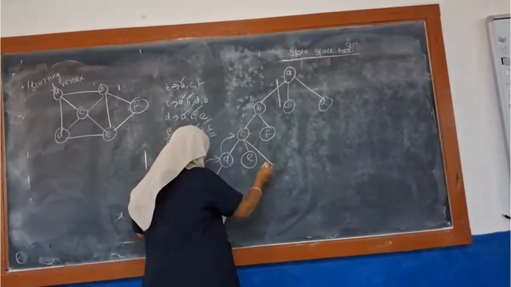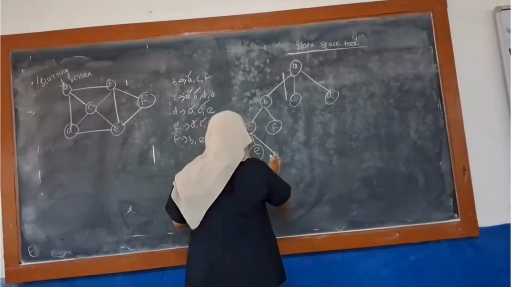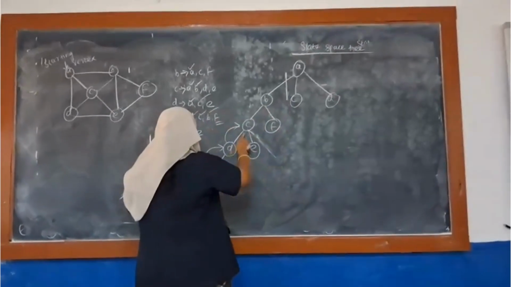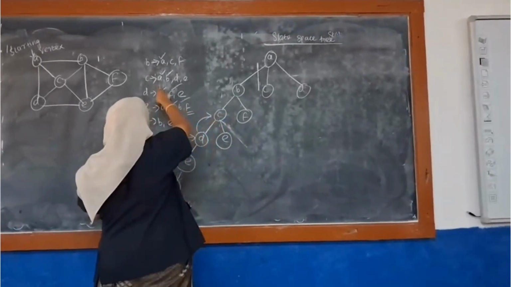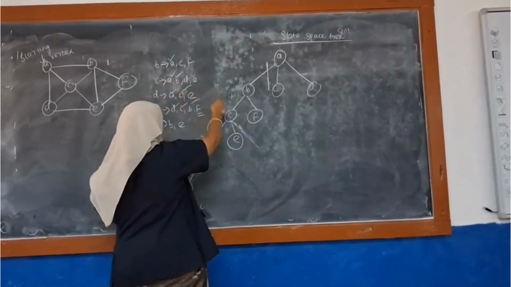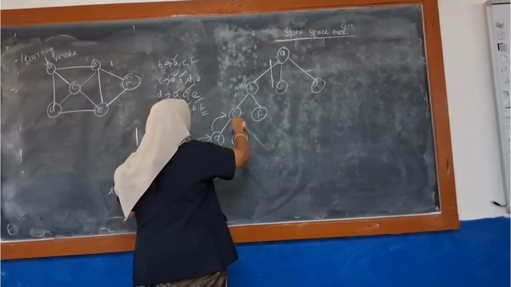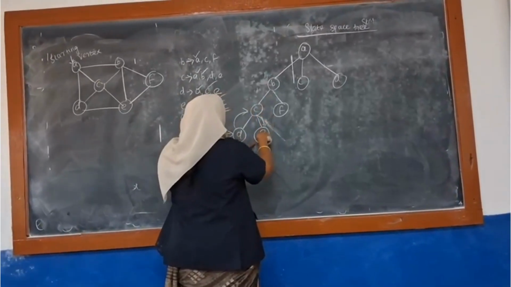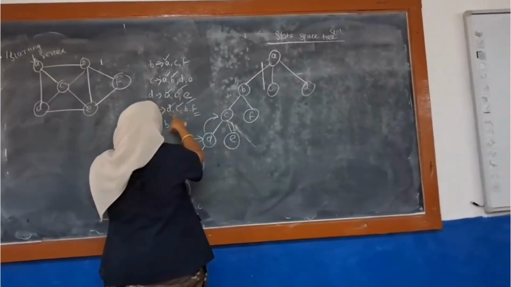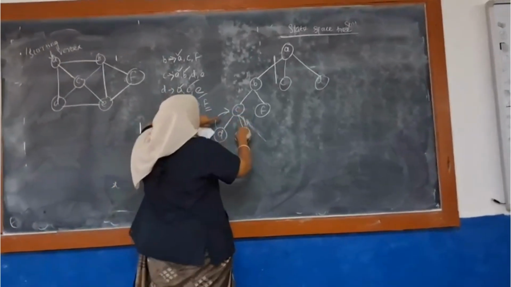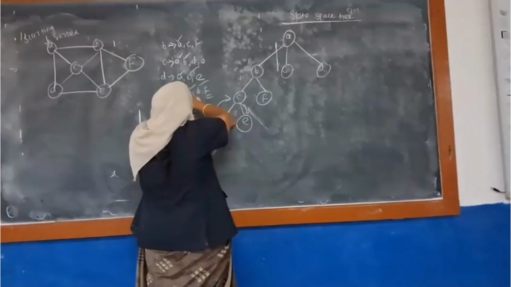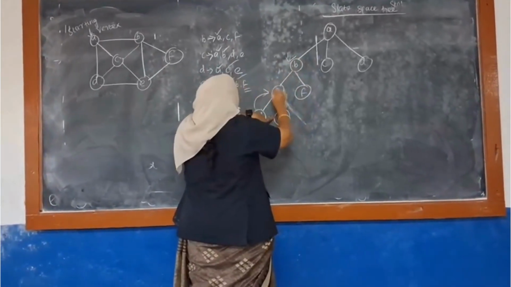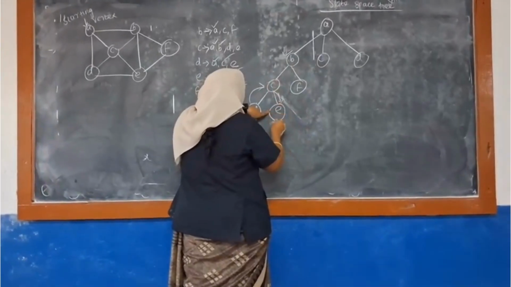So in this C, the neighbors are A, B, D, E. A and B are there, so from this C you are coming to E. From this E, who are the neighbors? D, C, B, F. B is there and C is there. Who is not there?